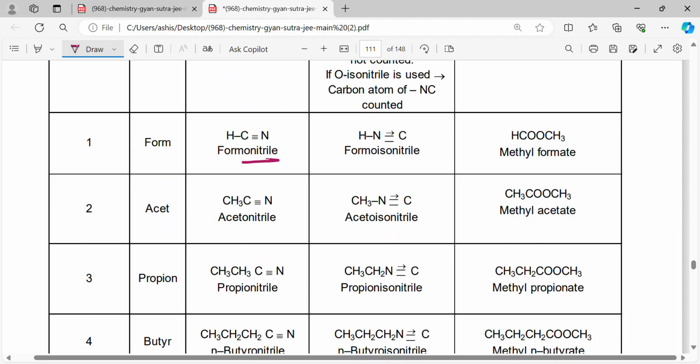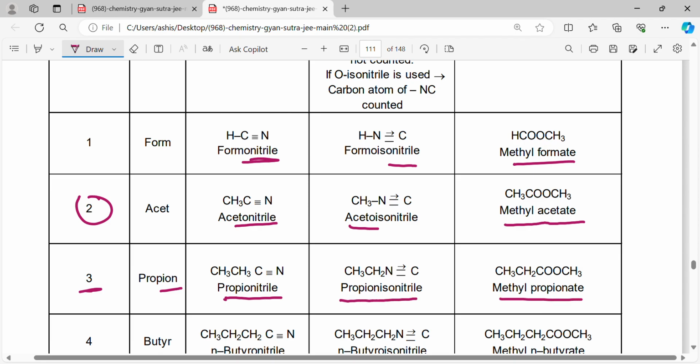Then for nitrile, form nitrile is CN, isonitrile is NC, so form isonitrile, methyl formate. Acet, again number of carbons is 2. Then acetonitrile, acetoisonitrile, methyl acetate. Propion is used for 3 carbons, that is the structure of propionitrile, propionisonitrile, propionate ester.